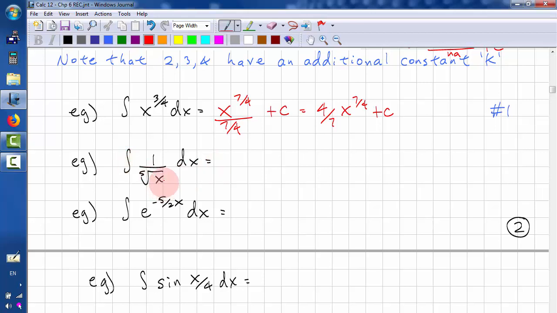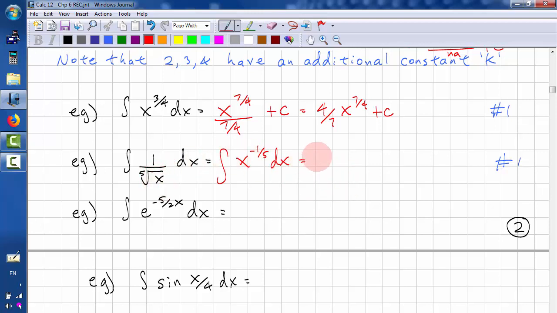Here we have the integral of 1 over the 5th root of x, and this is just number 1 again. Whenever you see a root like this, it's better to rewrite it as a power. So that's x to the power of negative 1/5, and we make it negative because this is in the denominator.